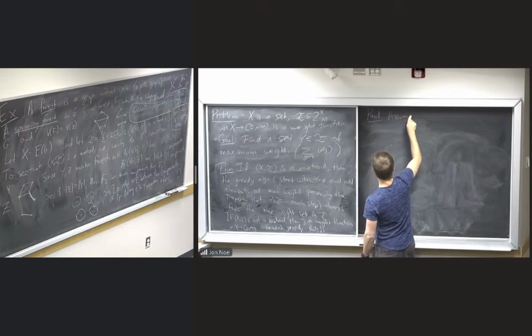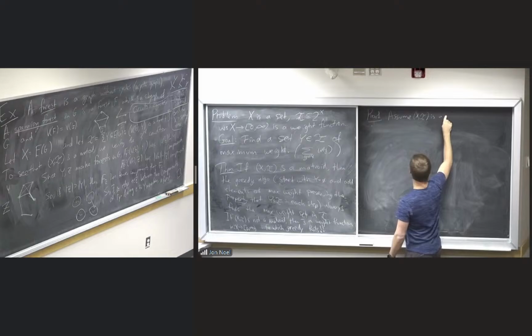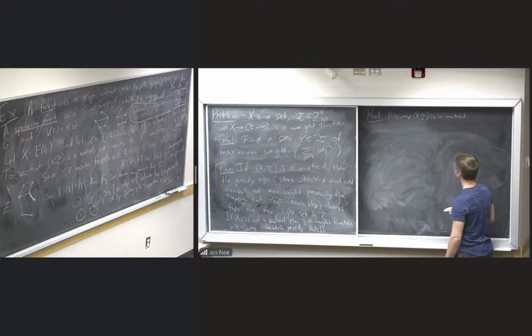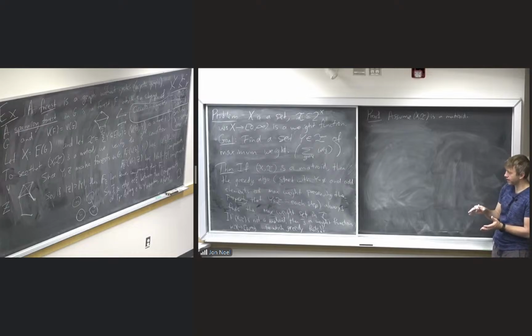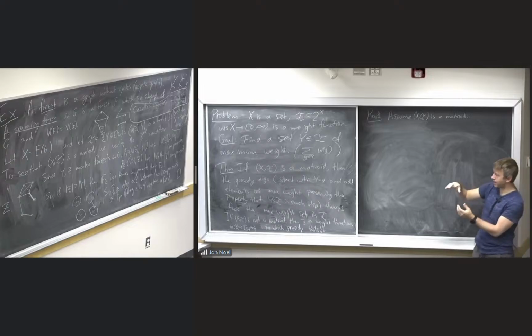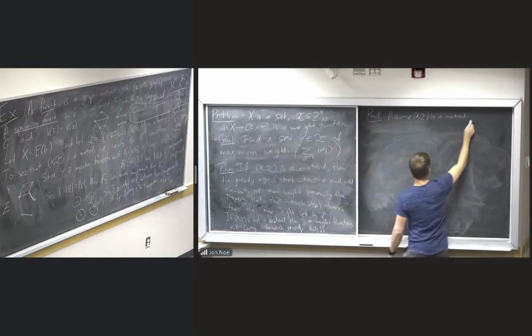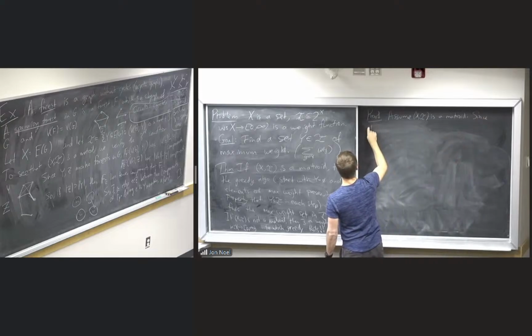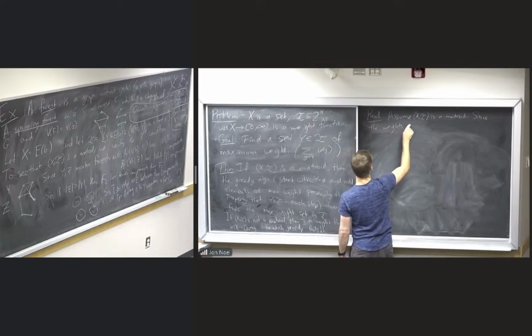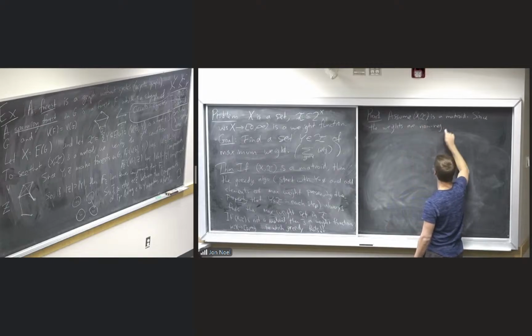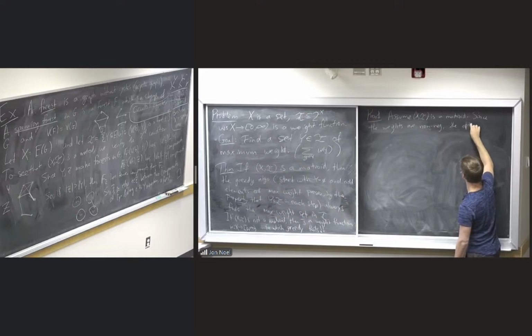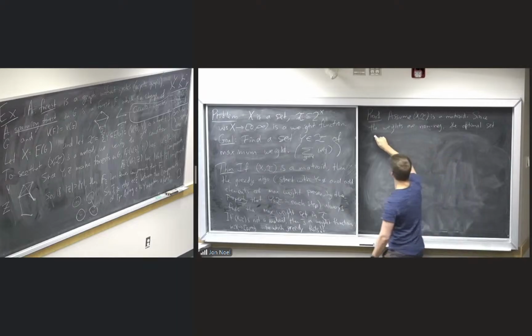Okay, well, let's prove this. Let's prove the first part first. So assume it's a matroid. One thing that's kind of clear is that the solution to this maximum weight problem will always be achieved by a basis, because the weights are non-negative, so the optimal set must be a basis.